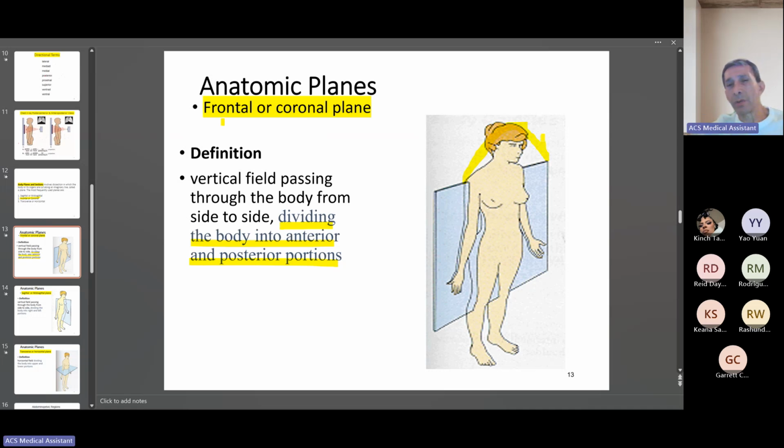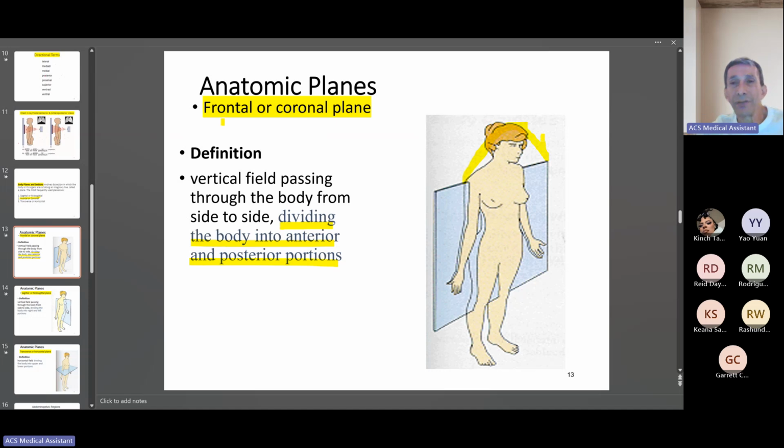Pay attention, because in the questions for the exam, you can have a little kind of twist, if you will, when they are building those questions for you. So instead of saying the body is divided into anterior and posterior portions, they're going to say the body is divided in face and back, face and shoulders, or chest and the shoulder.